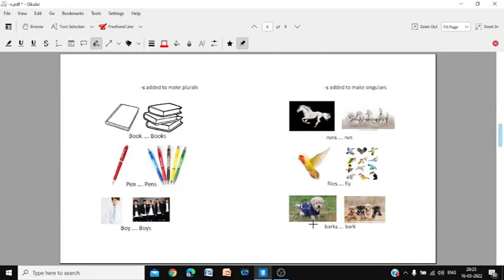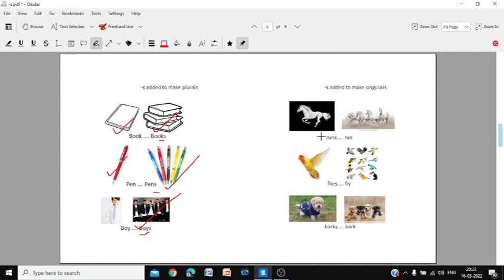S added to make plural. See, these are nouns. Book, we are adding S to make it plural, books. Pen, pens. Boy, boys. Now, we are adding S to verb to make it singular.